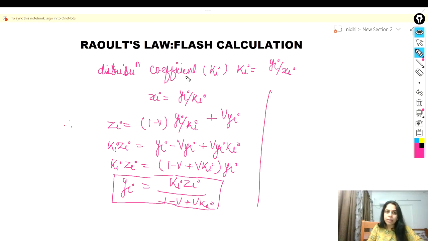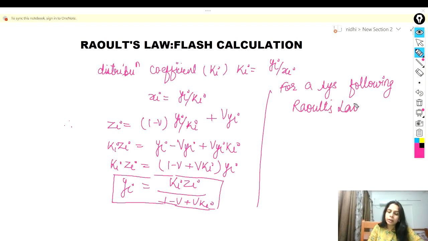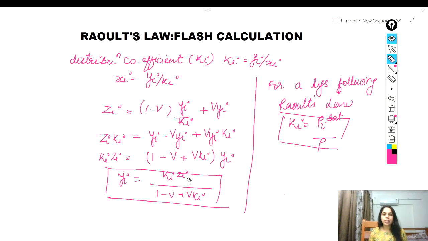Now here we have mentioned Raoult's law. For a system following Raoult's law, Ki is equal to Pi saturated upon P. And there we have two equations, right?